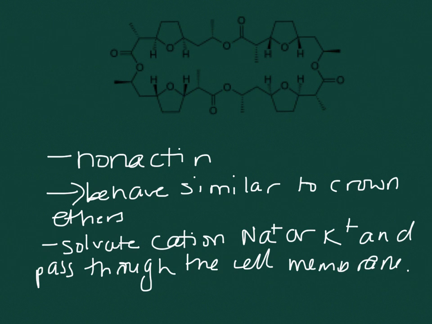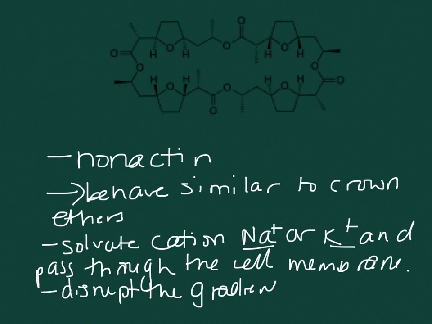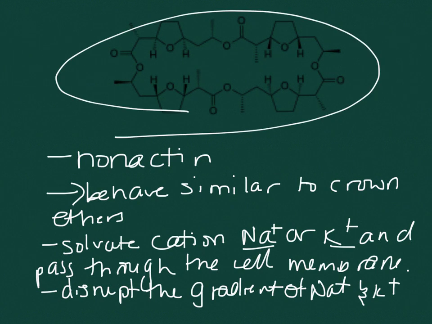As a result, when the Na+ or K+ enters a cell in this manner, it will disrupt the gradient of Na+ and K+ in and out of the cell. And when the ion channel is disrupted, the cell will typically die and it interrupts cellular function. So these drugs are promising new candidates for killing bacteria as potential antibiotics.